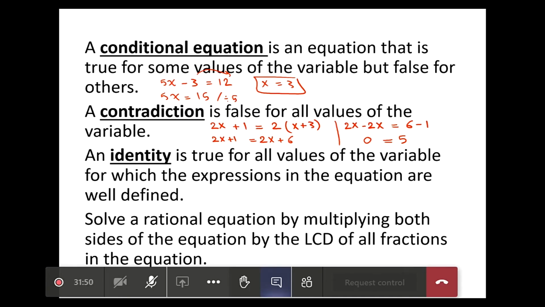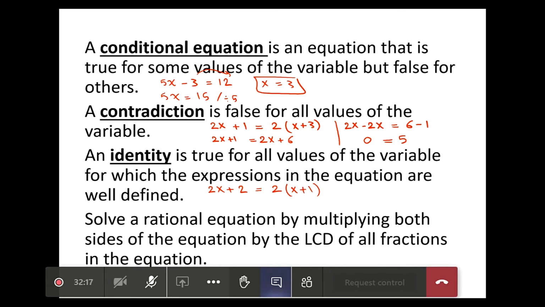Identity equation, any value you put in the equation, this is correct. Any value. For example, if we have 2x plus 2 equal 2x plus 2, this is an identity.